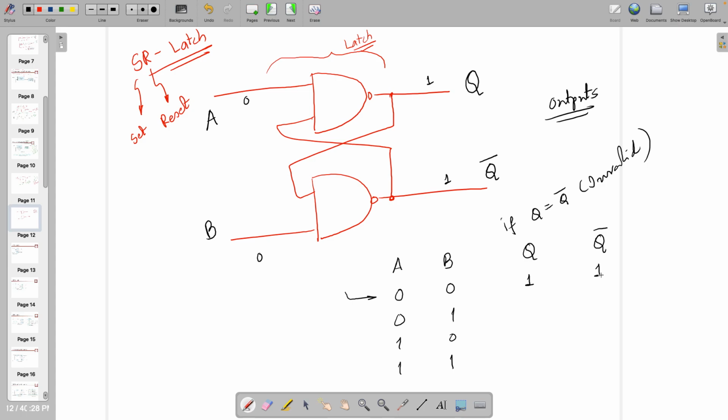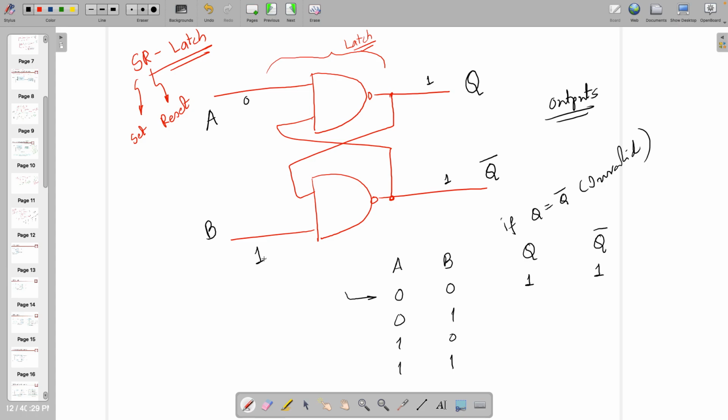Now what will happen if A equal to 0 and B equal to 1? Now understand, we are not doing anything on static timing or at DC or at 0 time. We are doing everything after some time. So after the output gets settled, then we have to check the output. We know that each NAND gate will have a propagation delay, TPHL, TPLH, whichever is higher, that will be treated as the propagation delay, TP.